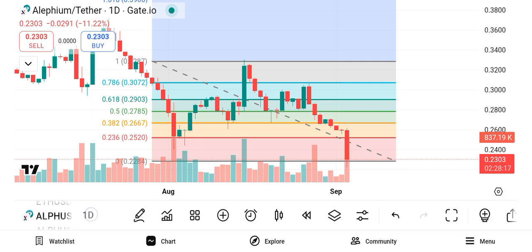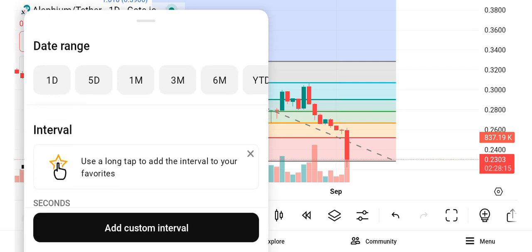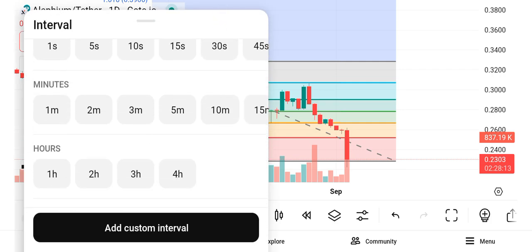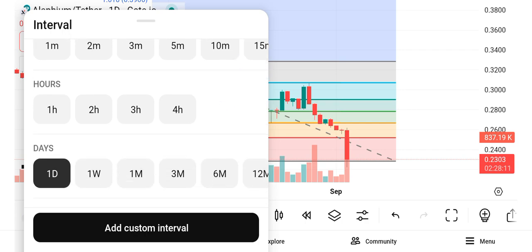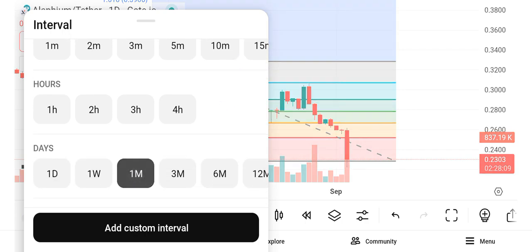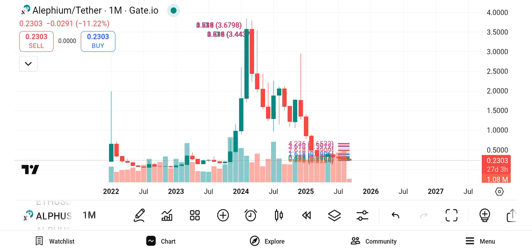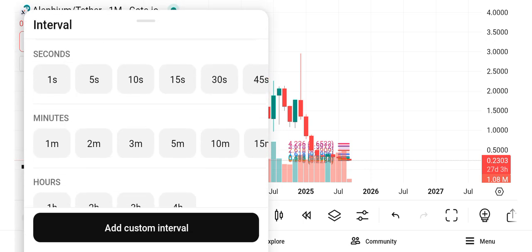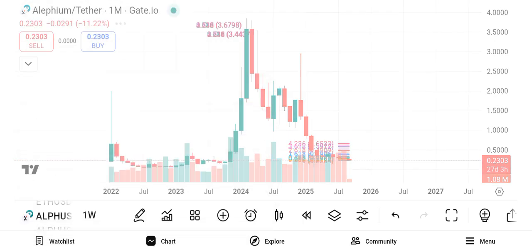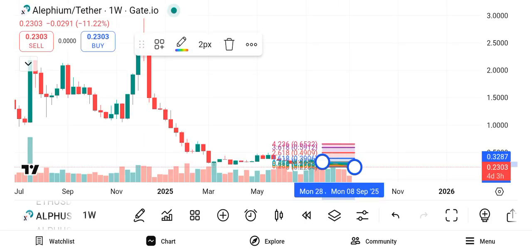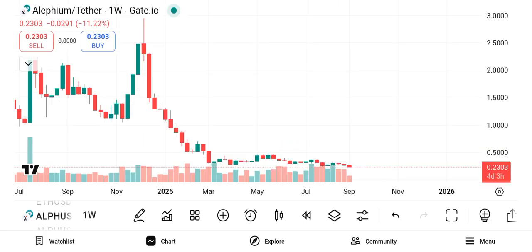Lastly, let's look at the weekly chart. Okay, let's delete this Fibonacci retracement. So our analysis might stop here. We can see this shooting star.